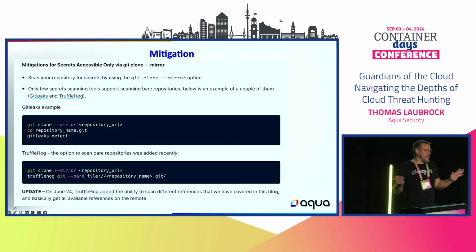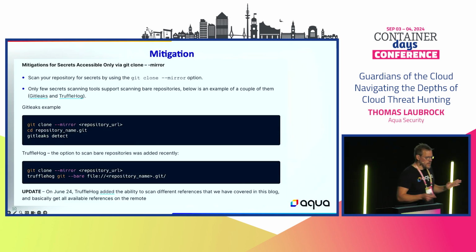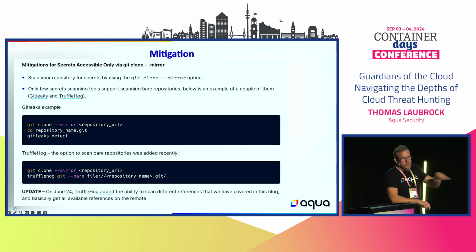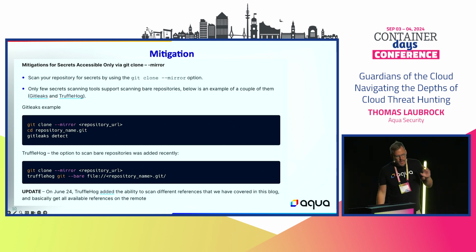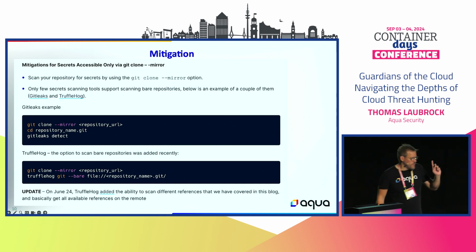How can you find this out on your own, right? Of course, catch your Git repositories. Not do a git clone only, but git clone --mirror. Then you get the orphaned commits. And then there are a few tools outside, Gitleaks and Trufflehog.